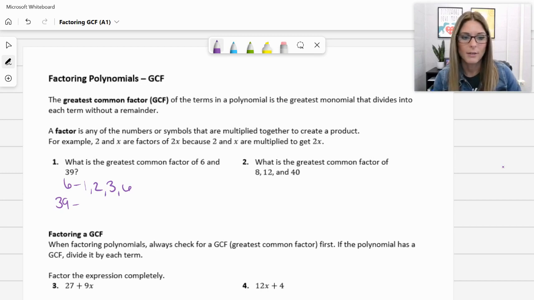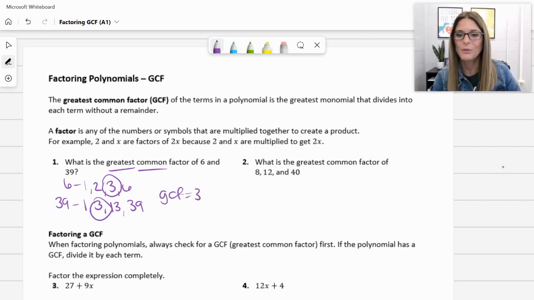So let's list 39. We can multiply 1. 2 does not go evenly. 3 would divide evenly, and 3 times 13 makes 39. And then, of course, 1 times 39. There's not a big list of factors here. So the greatest common factor that 6 and 39 have in common is just 3. It's not very exciting, but the GCF of these two numbers is 3.